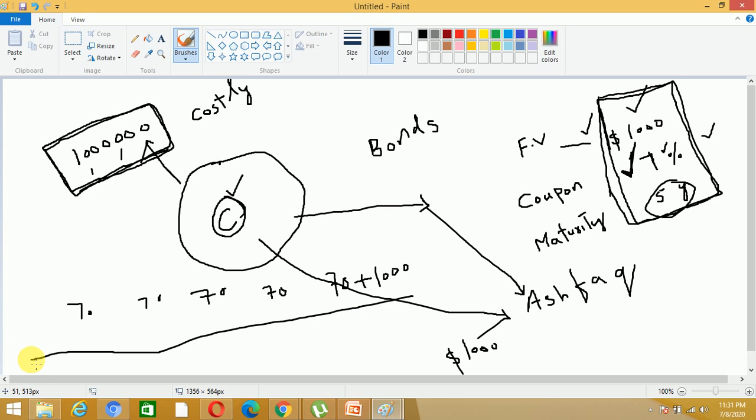So this will be the cash flow. This is an annuity: 70, 70, 70, 70, and 70. So this is basically a bond.